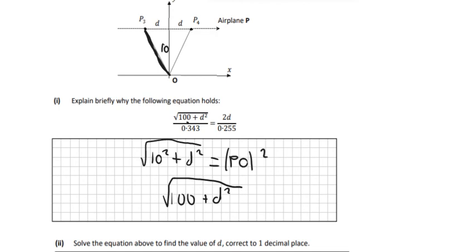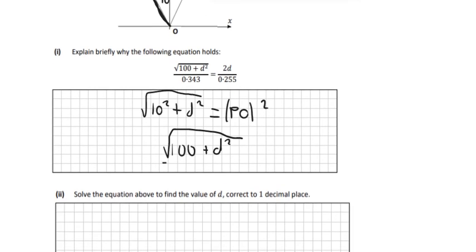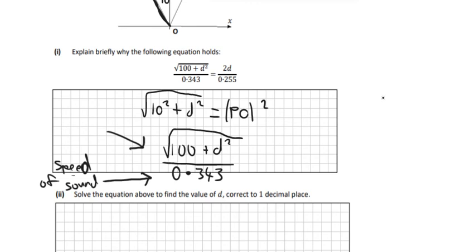The 0.343 on the bottom then, that's just going to be the speed of sound, because the sound has to get from P3 down to O. So the bottom part of the line is the speed of the sound, and the top part is the distance from P to O.